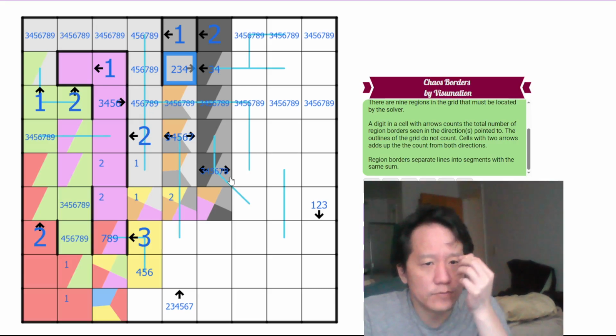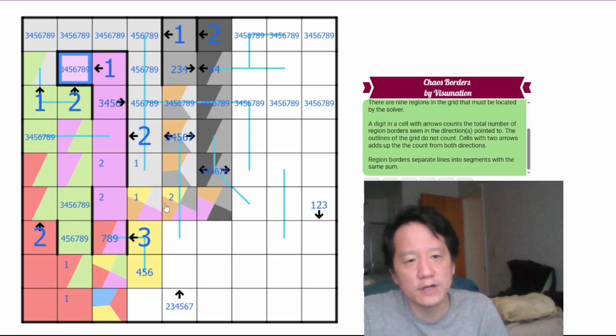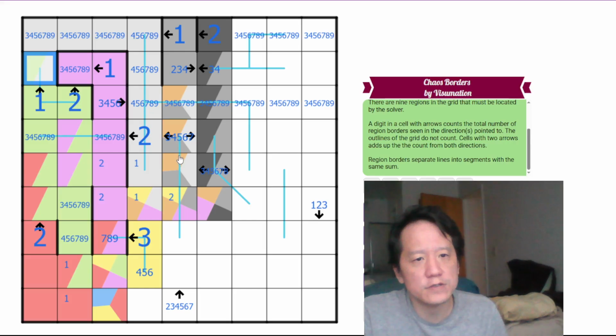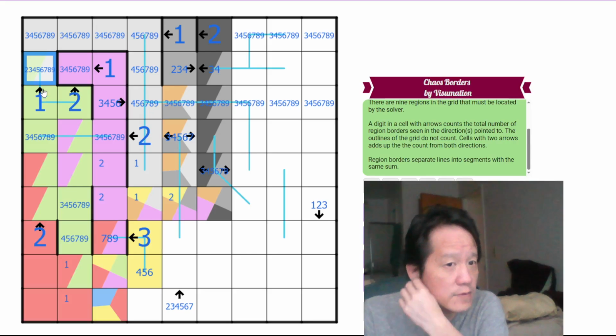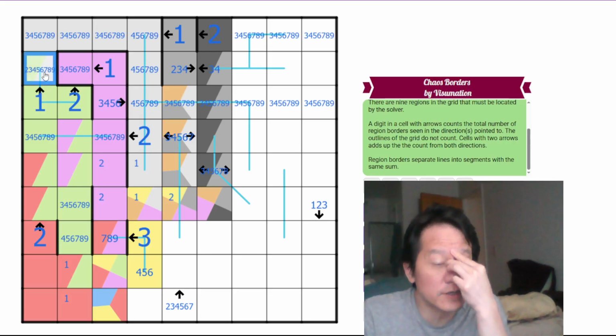The medium needs access to a 2 also. This is 3 through 9. 3 through 9 here. This is 2 through 9. And if it's another region, this is 3.